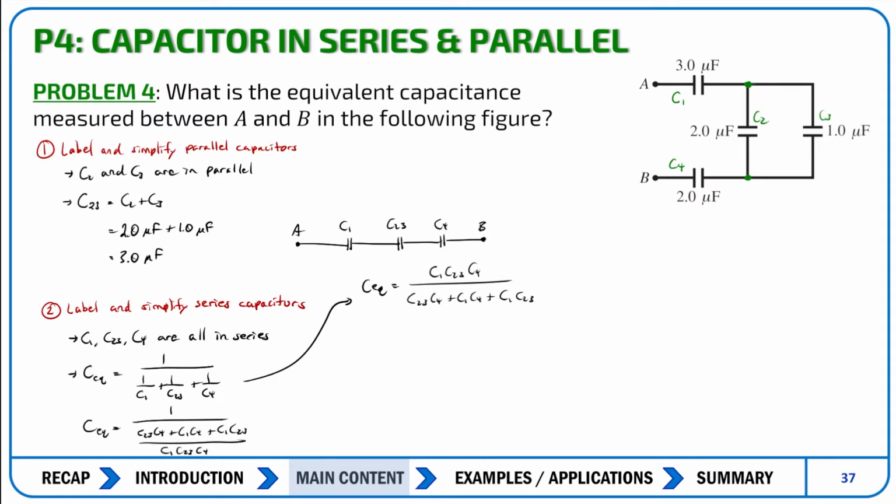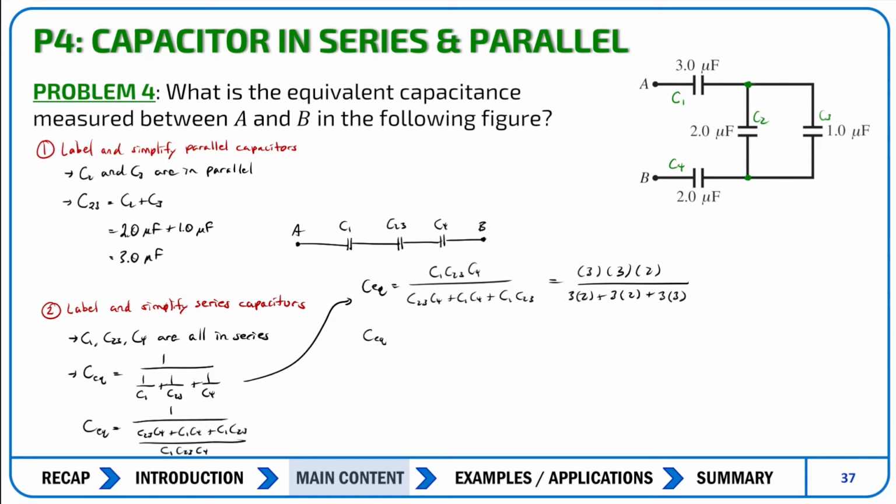And then we just have to plug in our values, and we get 3, 3, 2 on top. At the bottom, it's a little bit more complicated. We end up with 3 times 2, plus 3 times 2, plus 3 times 3.